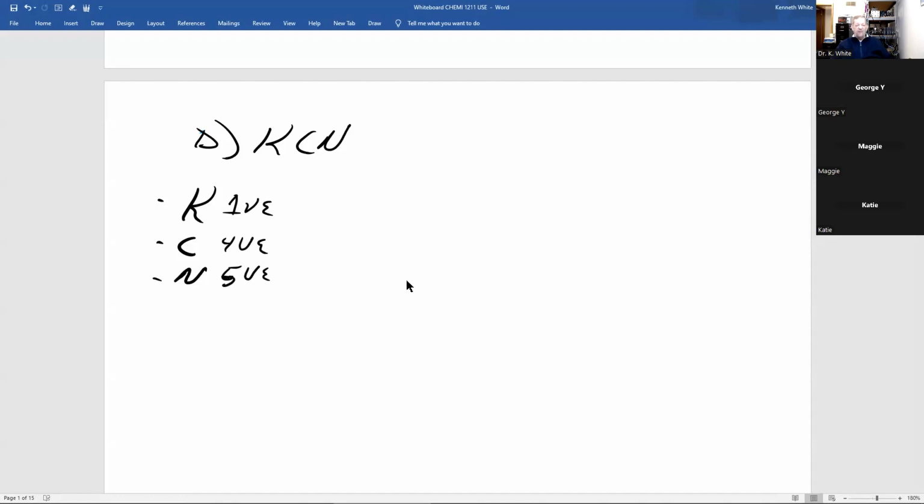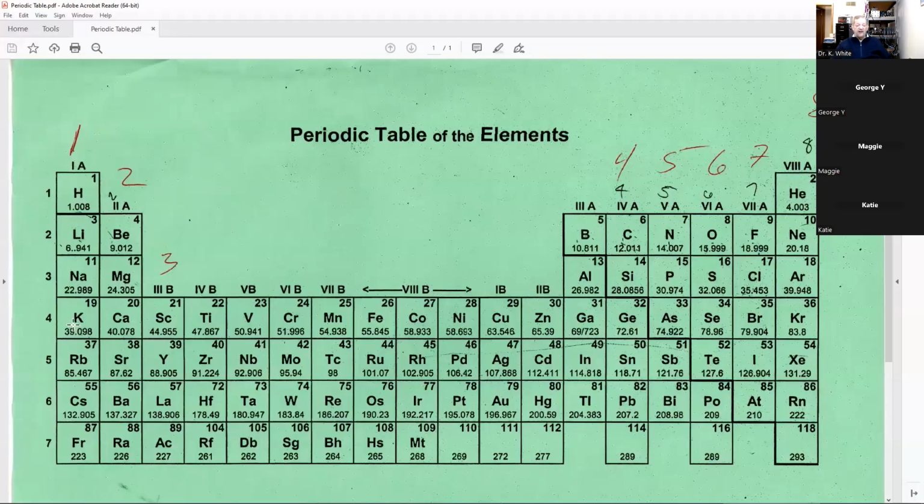So potassium, 1 valence electron, carbon, 4 valence electrons, nitrogen, 5. Now, potassium, let's look at something. Potassium right here is an alkali metal.